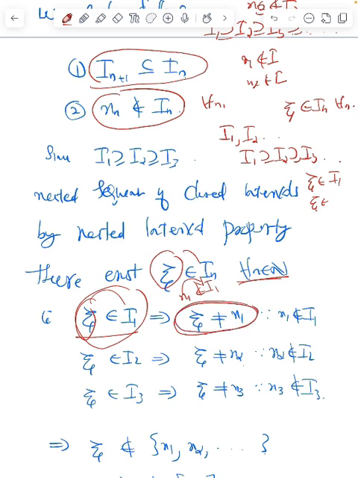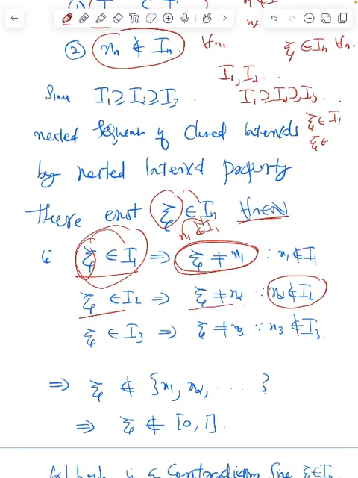Similarly, z belongs to I2, and since x2 does not belong to I2, z is not equal to x2, etc.